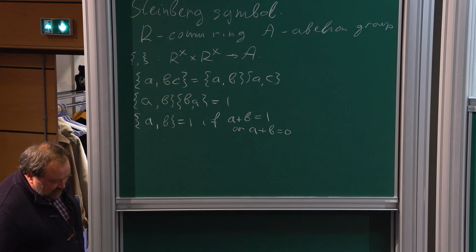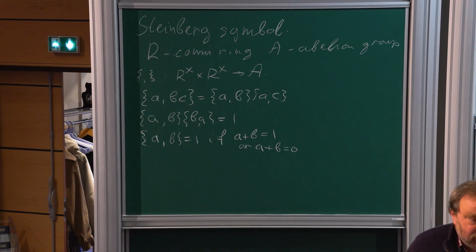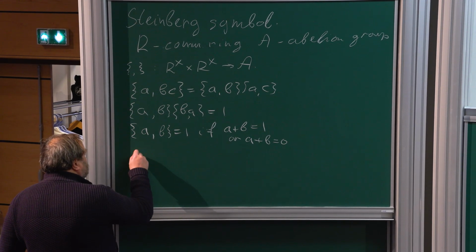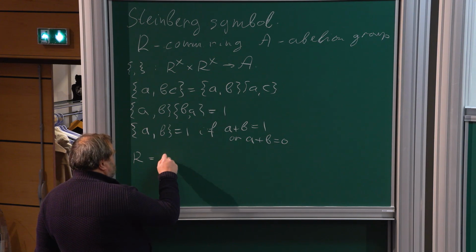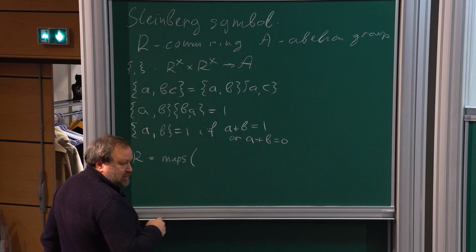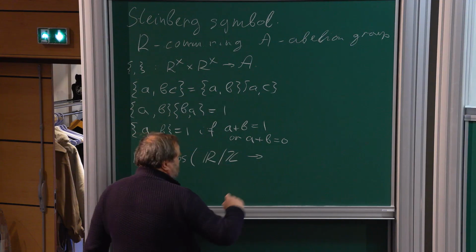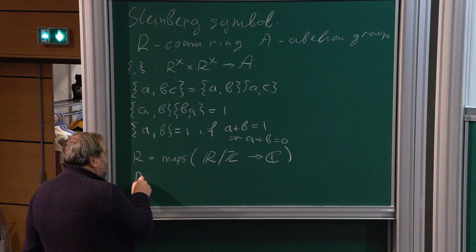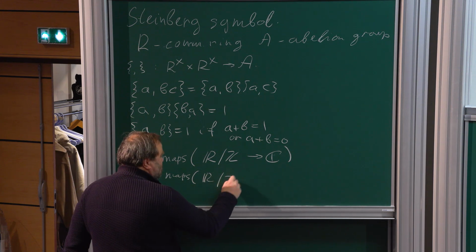So this is a definition, and then I'll actually use just one particular symbol, a particular case. R will be the space of functions, maps from S1, which is a circle, which I'll imagine as the quotient R over Z, to C star. And therefore R cross is just the maps from R quotient Z to C star.